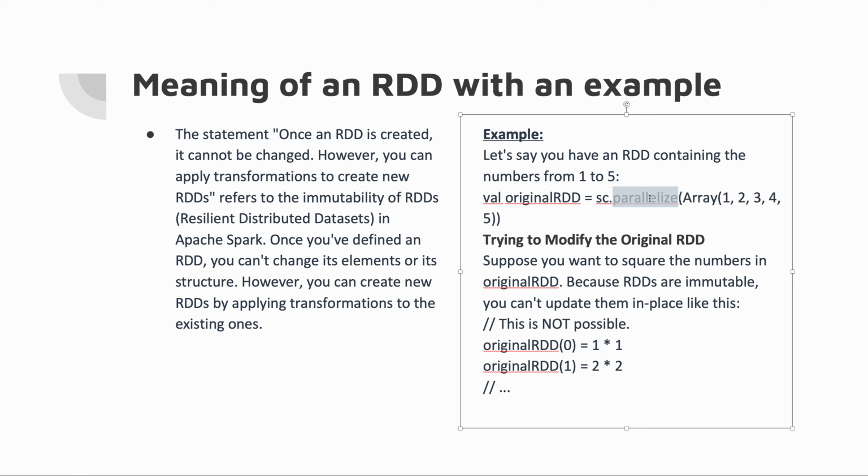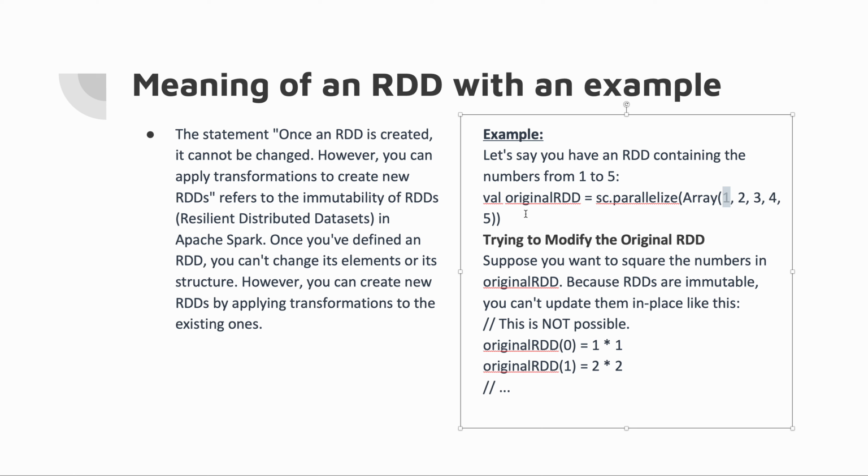You'll use this function, which we need not worry about right now, and you are using the array data structure in Scala to define a list of 5 elements as an array and make that an RDD. Now, suddenly you decide to square each and every number inside this array and you create a new RDD or change the existing RDD.